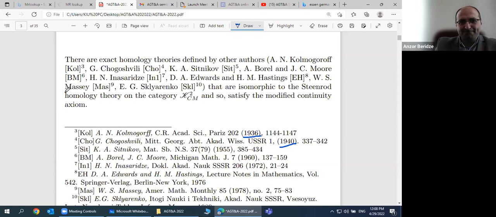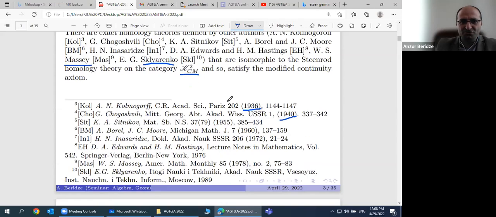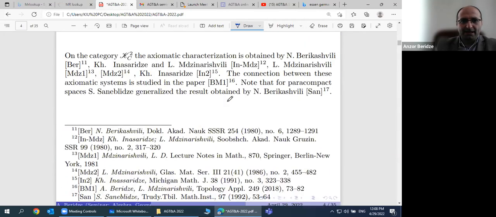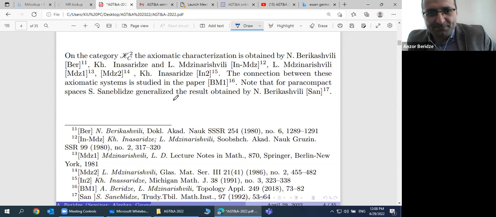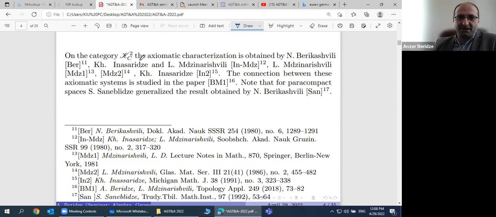And Massey defined exact homology theory on the category of locally compact topological spaces, but here the mappings are proper mappings, and this is a second type of homology theory, as Kliarenko says. There were a lot of papers, but all these homologies on the category of compact metric spaces coincide with Steenrod homology theory. And the axiomatic characterization, as I mentioned, was given only for compact metric spaces.